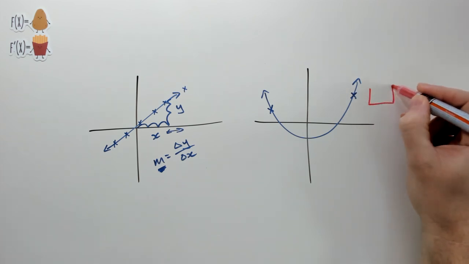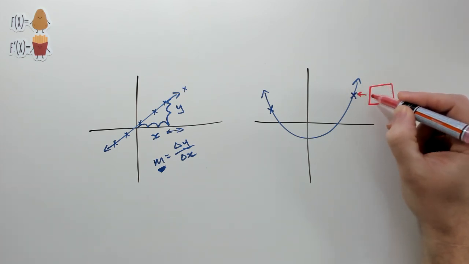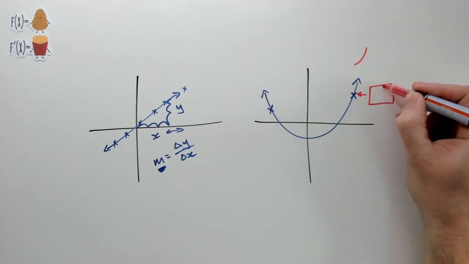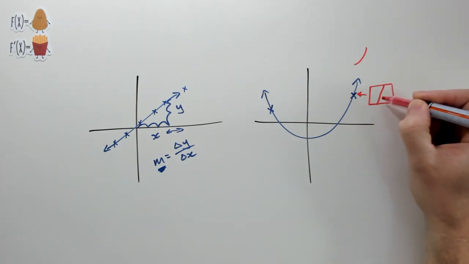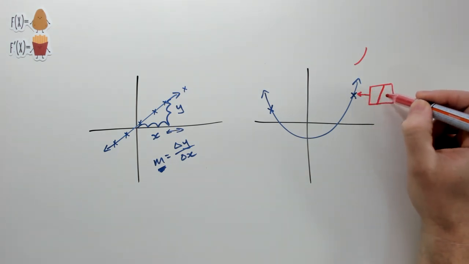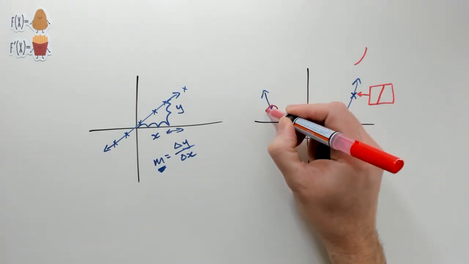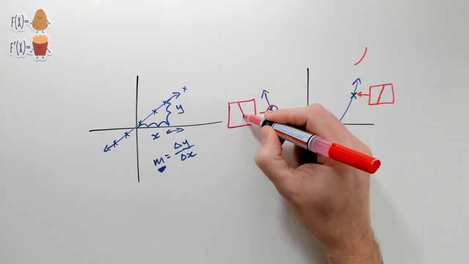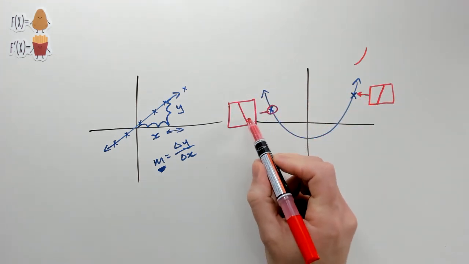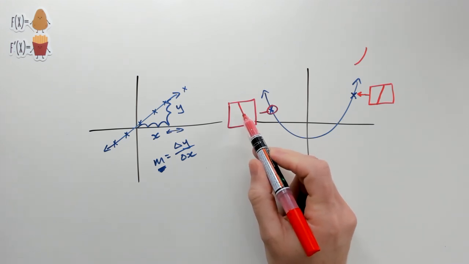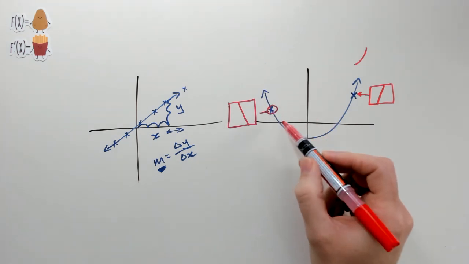Obviously it's a curve, but if I zoom in far enough, with my little magnifying glass, I'm going to have a straight line. On this side too, if I zoom in, I'm going to have a straight line. If you zoom in far enough, it looks like a straight line, but if you zoom out again, you see it's a curve.